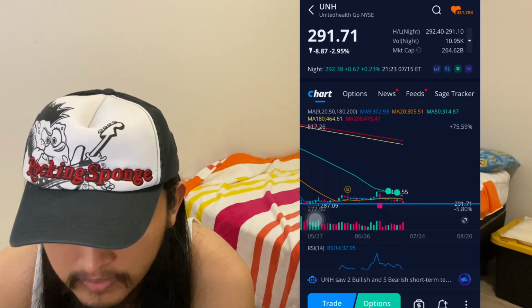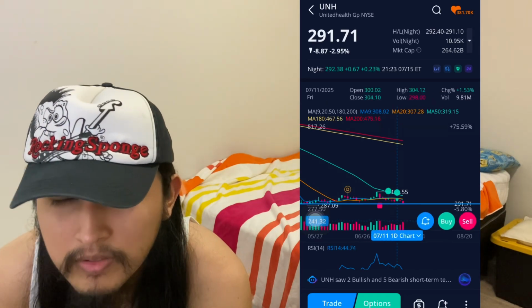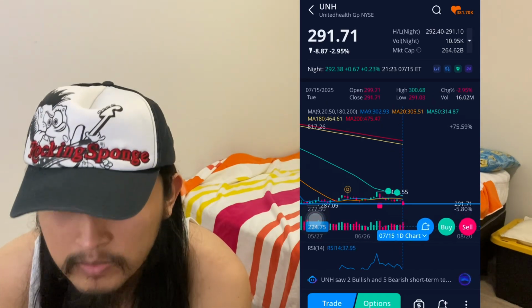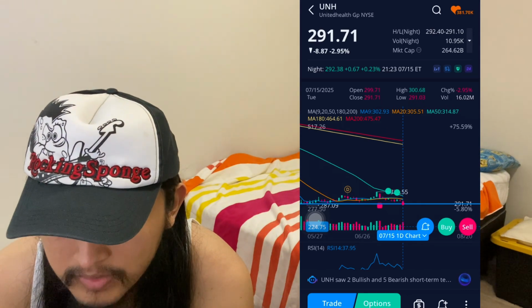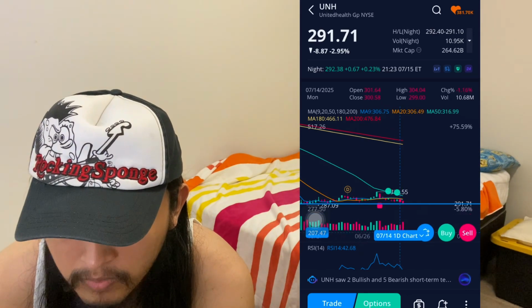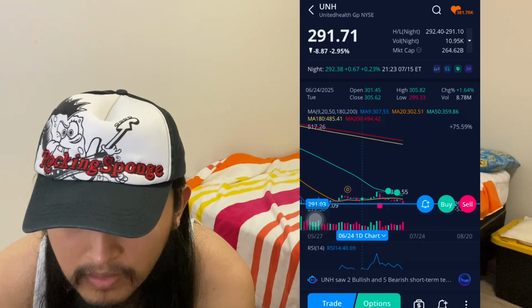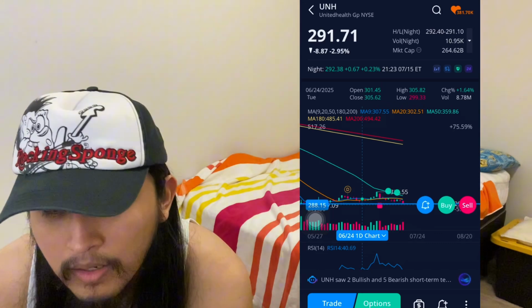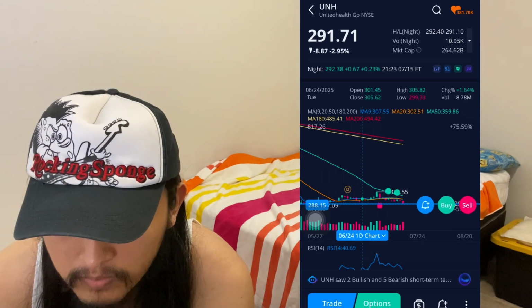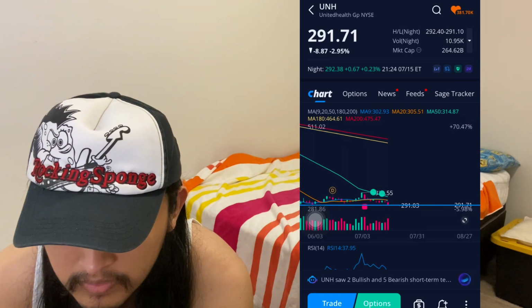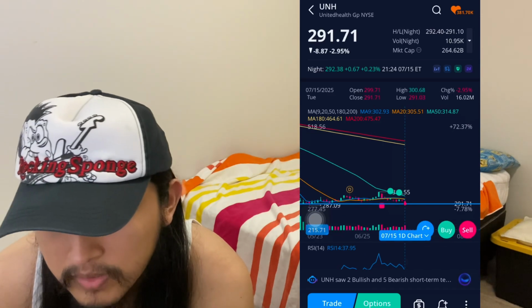And basically I'll just play the waiting game at this point. And once the bounce happens off that little small support level of 289 or 290, I'll sell out the position once it approaches the 20-day moving average.